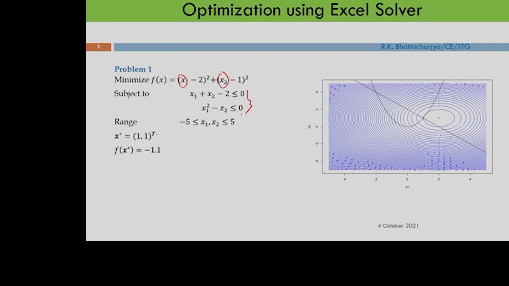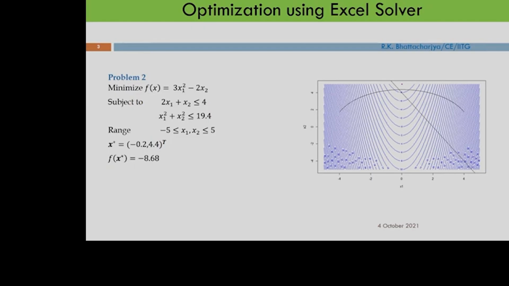The solution is 1 1, and I should get the optimal function value as minus 1.1. We have already solved this problem using R software. You can see that this is the constrained solution of this particular problem, and I should also get this solution when solving this problem using Excel.